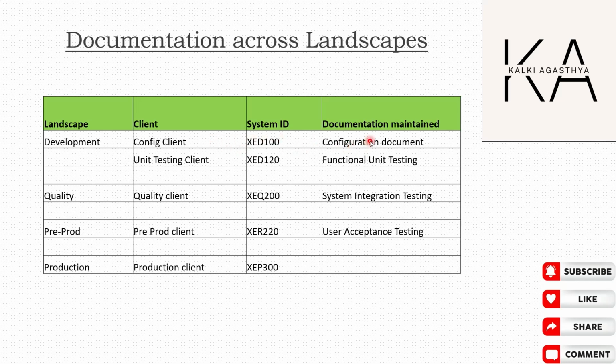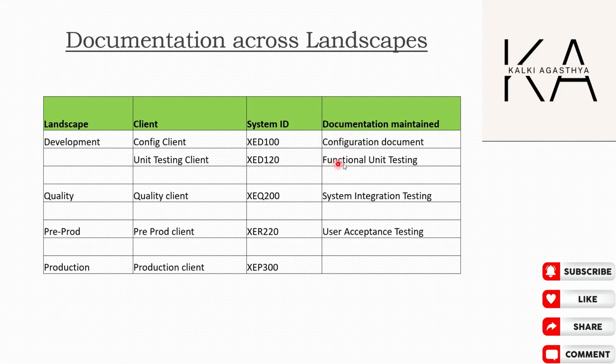In case of any custom development, where we cannot achieve the outcome with standard configuration, we go with custom development. And for custom development, we maintain the functional specification and the technical specification in the golden client, or the development client. Once this evidential data is maintained in the golden client, changes will be moved to the unit testing client.